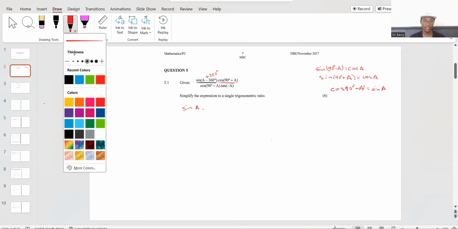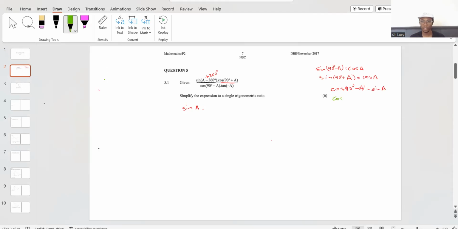So I want you to pay attention to the last one. The last one, if I have cos (90 degrees plus A), then I'm going to have a negative sine A. Negative sine A. So be very careful with the reduction. The cofunctions.